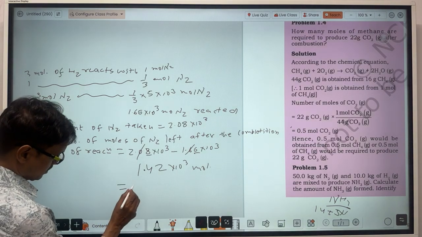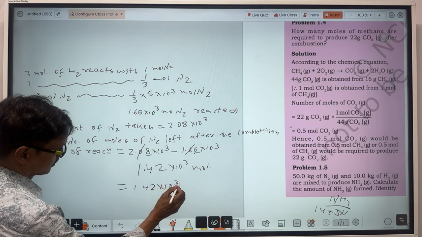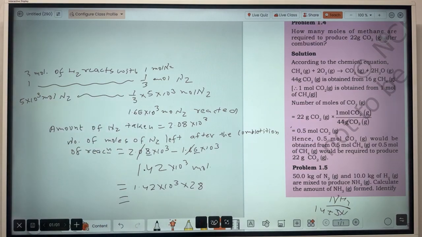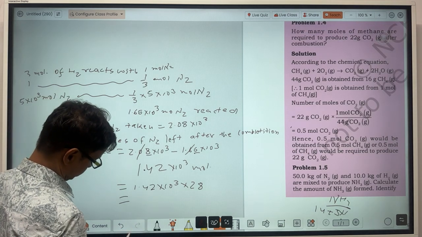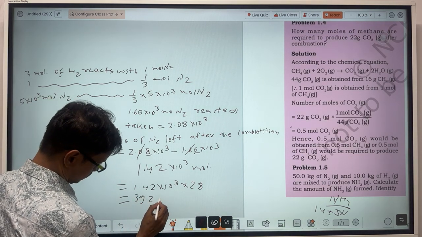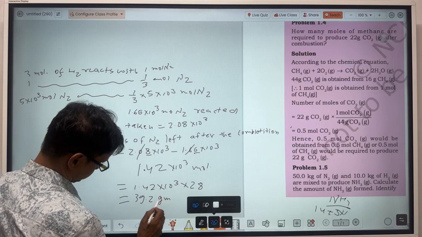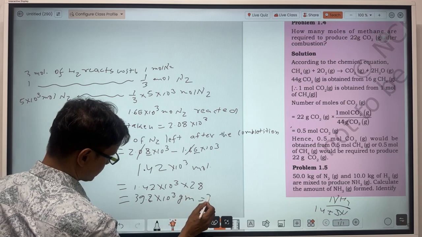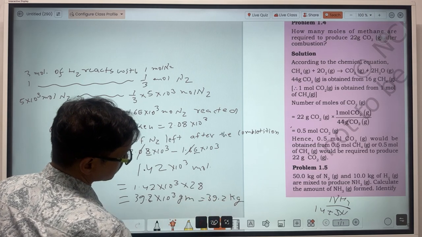In terms of weight, it will be 1.42 into 10 power 3 into 28. Multiply that, and it will be 39.2 kg of nitrogen.